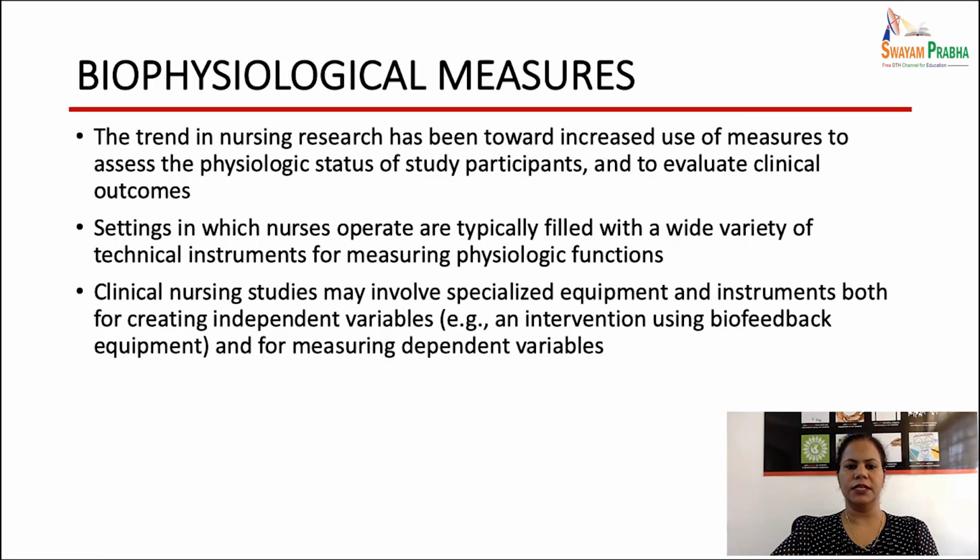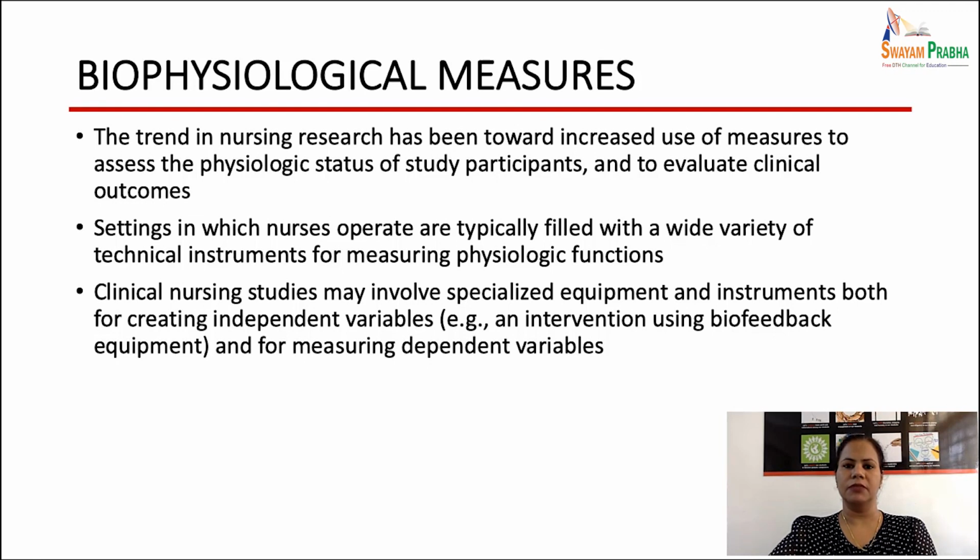Then clinical nursing studies may involve specialized equipments and instruments, both for creating the independent variable, for example an intervention using biofeedback equipment, and for measuring the dependent variable. So here we may use the equipments for creating the intervention.